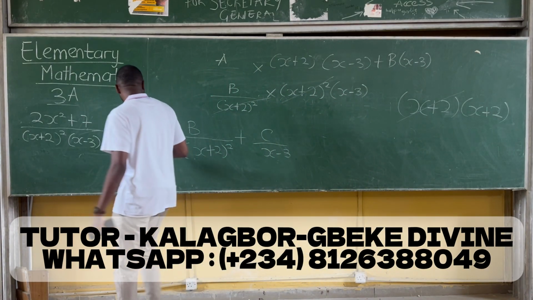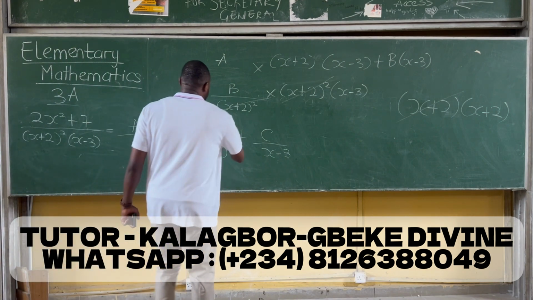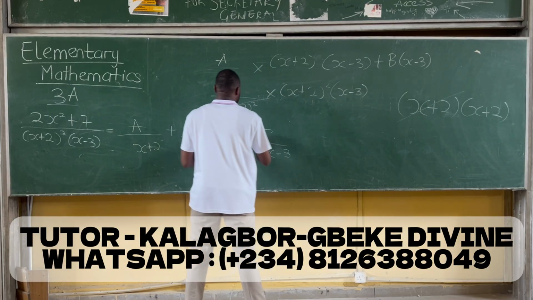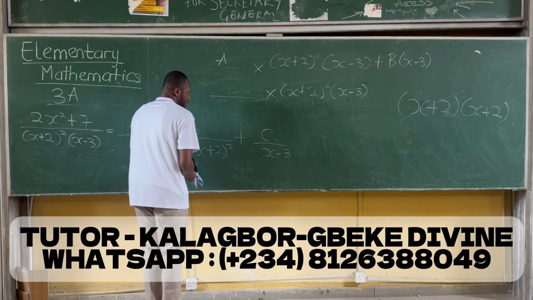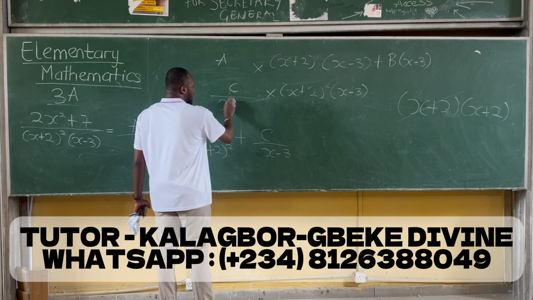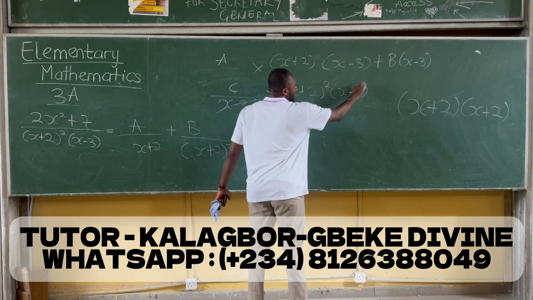So now we'll do the same thing for C. For C, we have x minus 3, right? Cancel here. You cancel here.